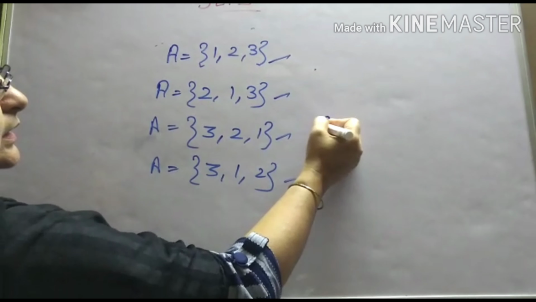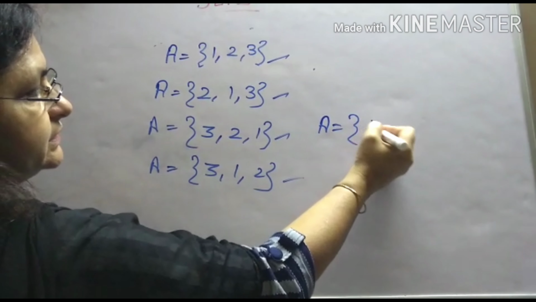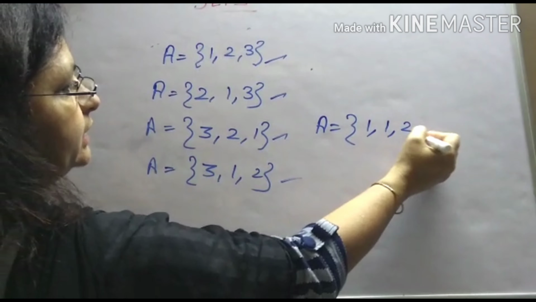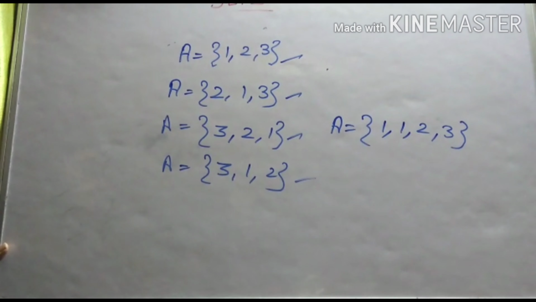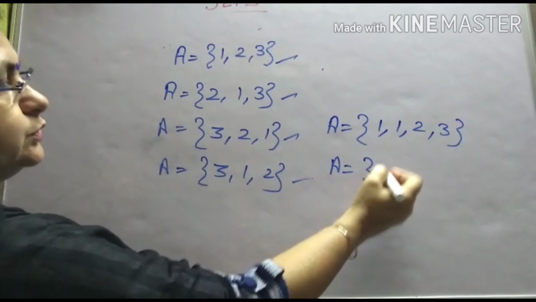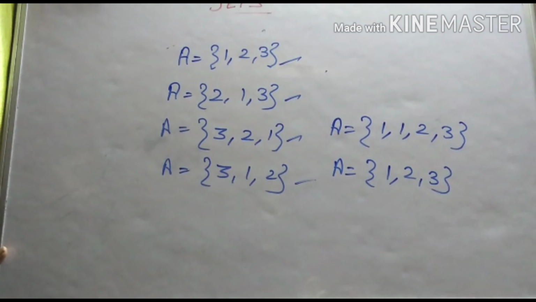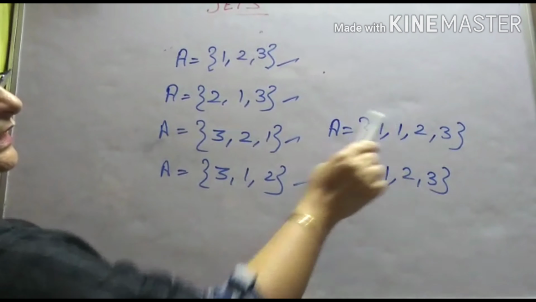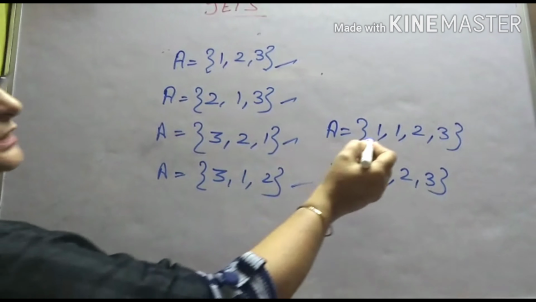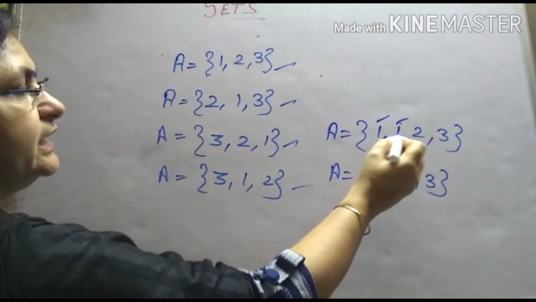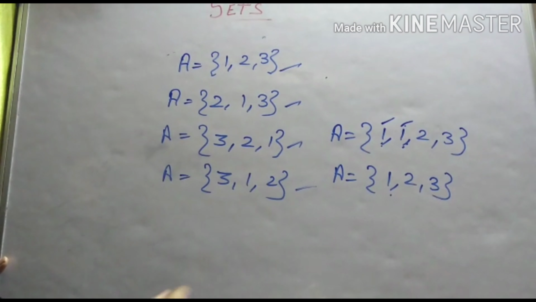Also, if I am writing set A is {1, 1, 2, 3}, we can also write it as {1, 2, 3} because in a set we never repeat any element, because these two elements are considered as one element.